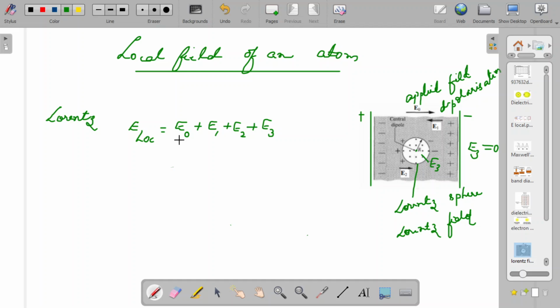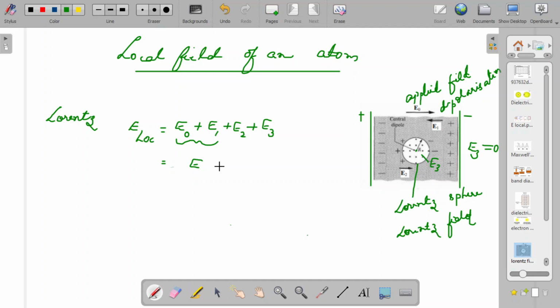And E0 plus E1 is the field existing in the bulk material, and I call this effective field E0 plus E1 as E. That is the effective field appearing on the whole volume of the specimen, due to the applied field and the depolarization field. Because E1 acts in the opposite direction to E0, there will be a net resultant field, and that net resultant field I call E.